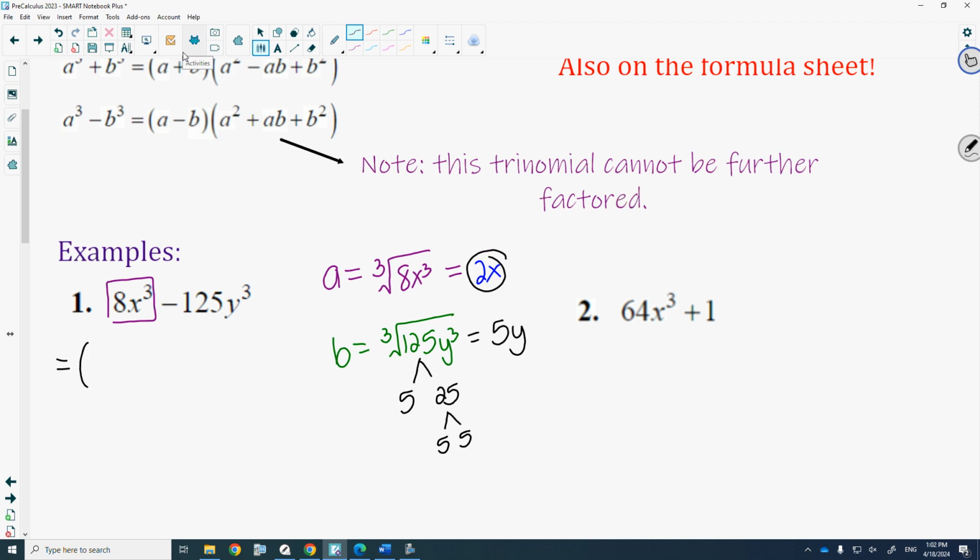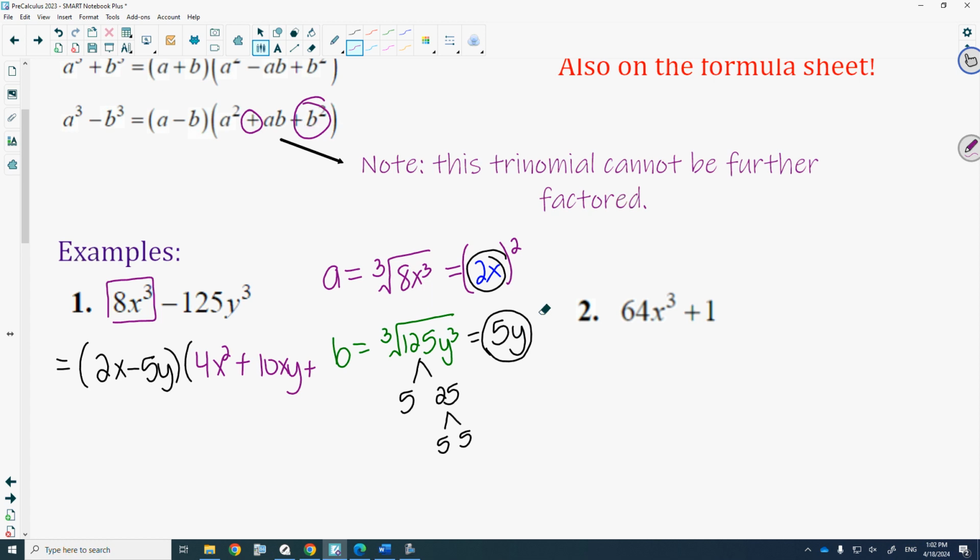So A minus B. Then the second factor is going to be A squared. So here's A. If I was to square this, I would get 4x squared. Then it's going to be plus A times B. So A times B, 2 times 5 is 10xy, would be AB, plus B squared.